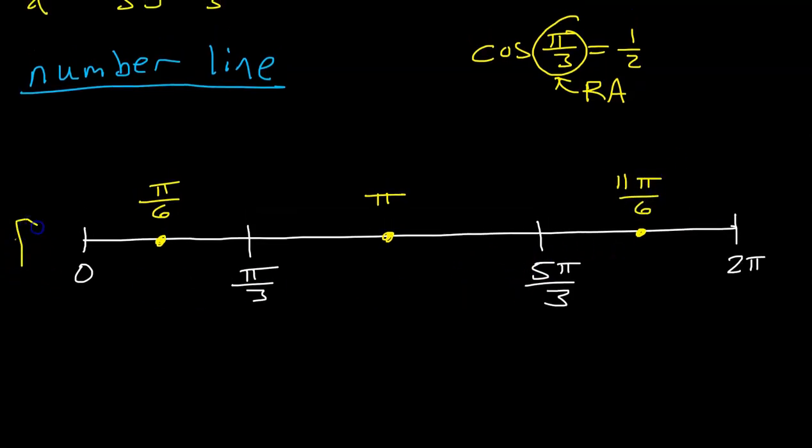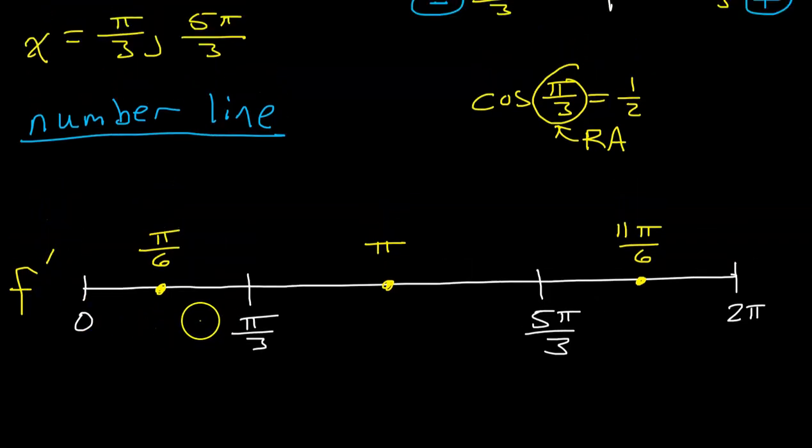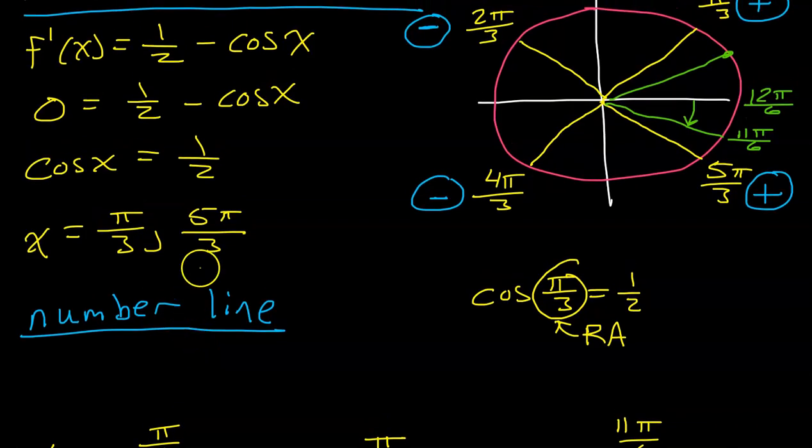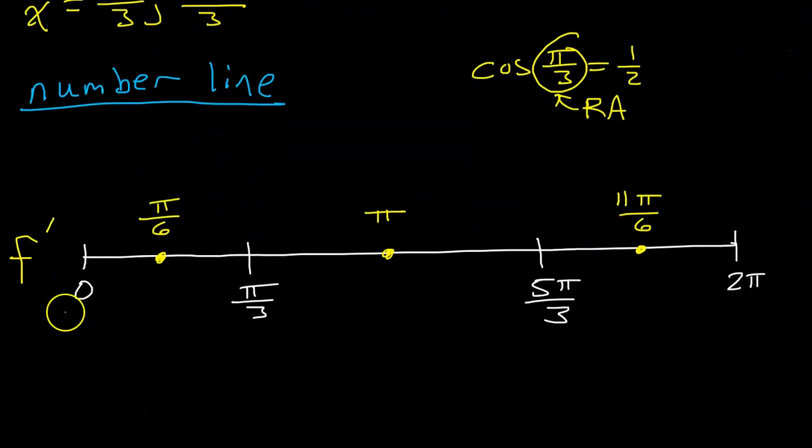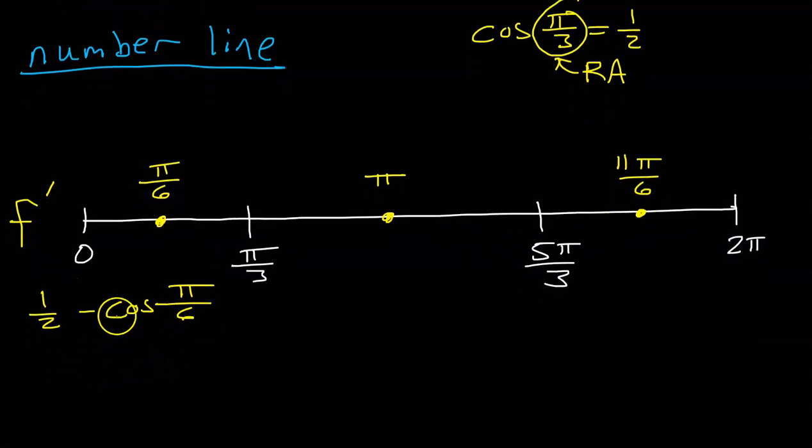So let's check the first derivative. We have that nice expression. Remember, 1/2 minus cosine x, that is the first derivative. So that means we have to do 1/2 minus cosine of pi over 6. And remember, all we care about is whether it's positive or negative.